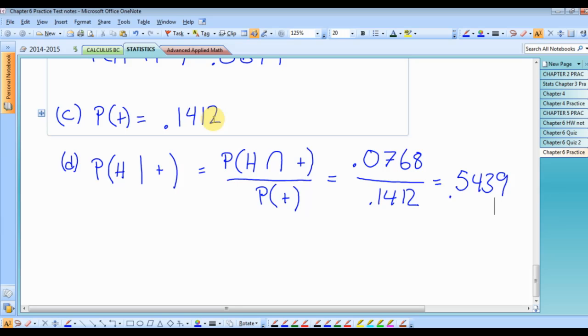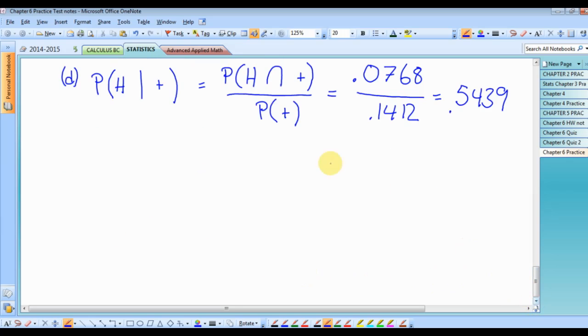Okay, so the extension question, I think this is probably where we're going to have to leave off. I don't know, maybe we can do another one. The extension here is: are H and positive independent?